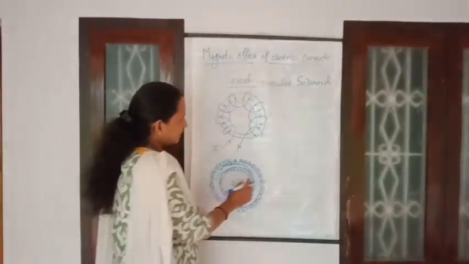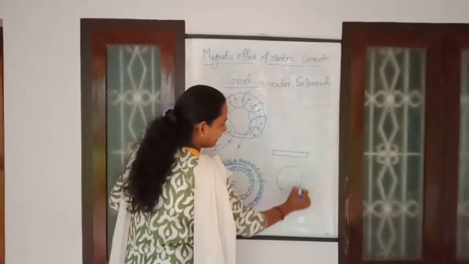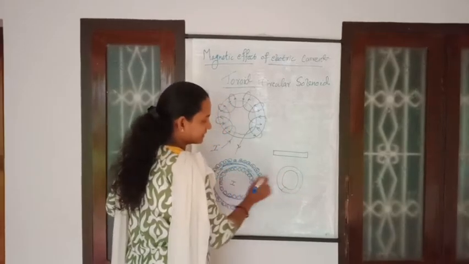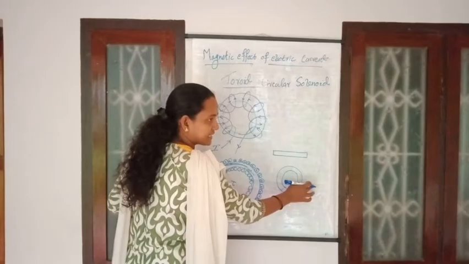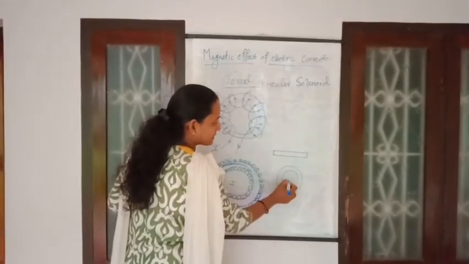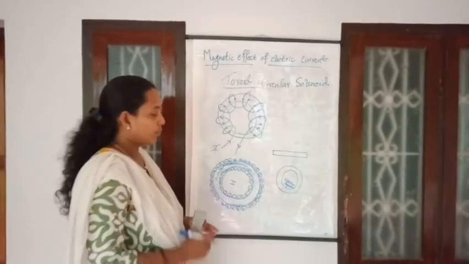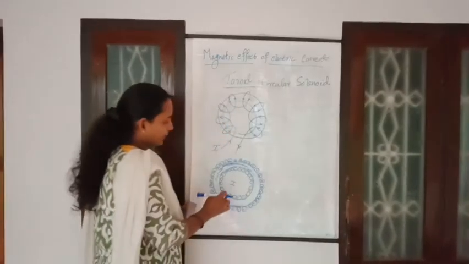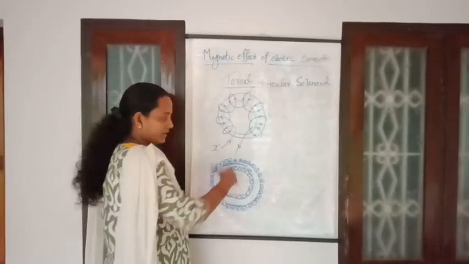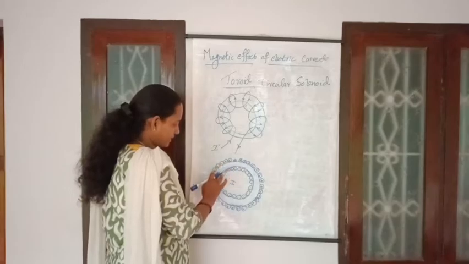So here we know that a solenoid is like this. When you bend that one into the form of a circle like this, here nothing is present. Here also nothing is present. Therefore, this is open space. So we want to find what is the magnetic field, first at the open space inside, second outside, and on the surface.